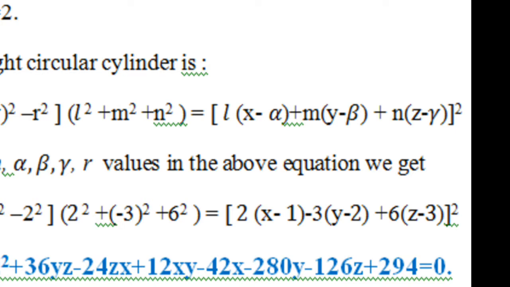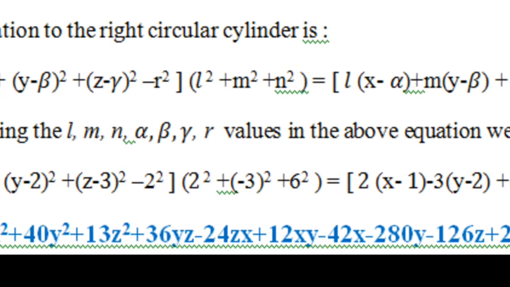In the previous class, I have explained how to expand when (a plus b plus c plus d) whole square is there. That is, you have to take two terms as one term. For example, a plus b as one term and c plus d as another term. So after expanding and simplifying, you will get the equation like this.